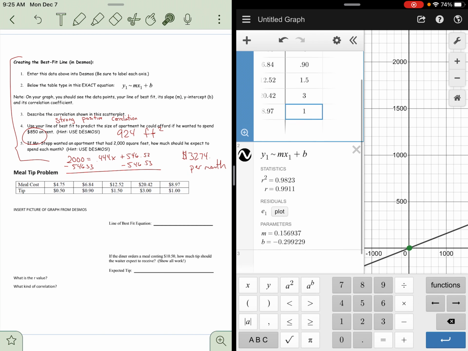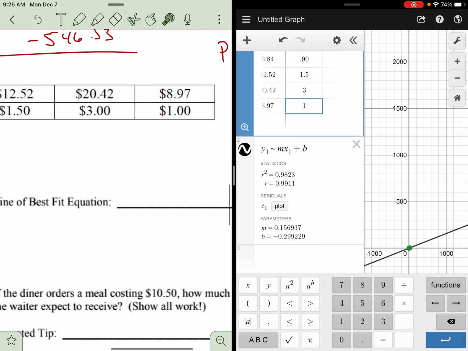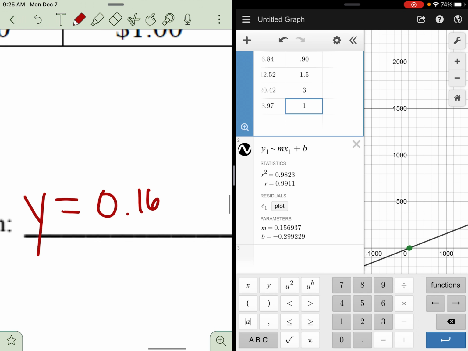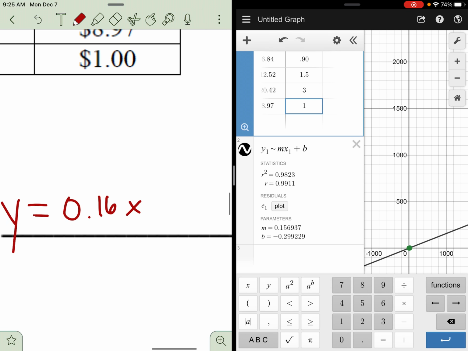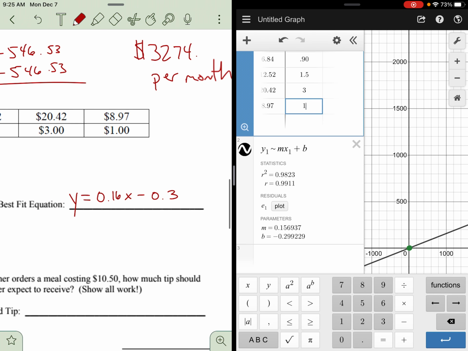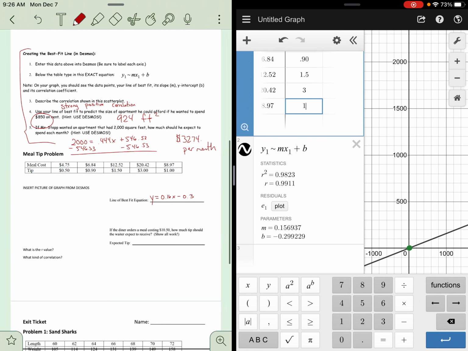All right, so line of best fit. Given that information, the line of best fit, y equals, our m here is 0.16, we'll say. And our y-intercept is negative 0.3. So there's your line of best fit.